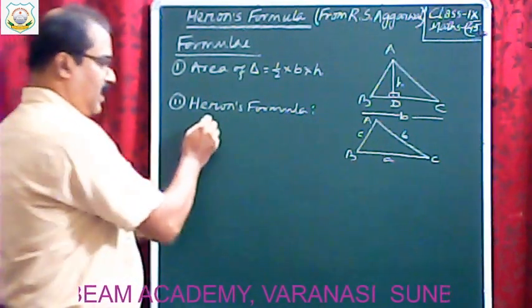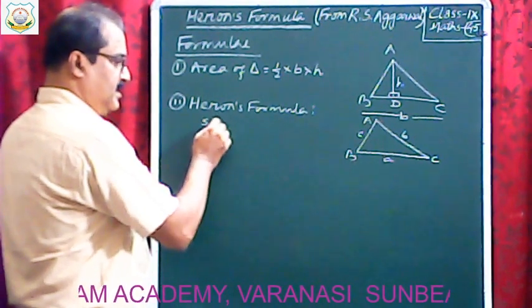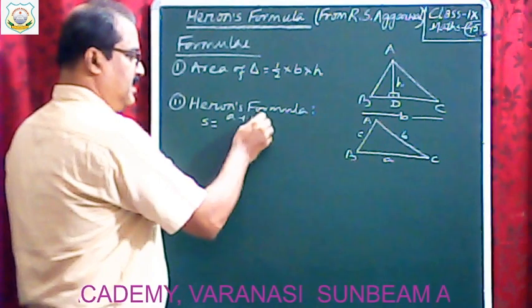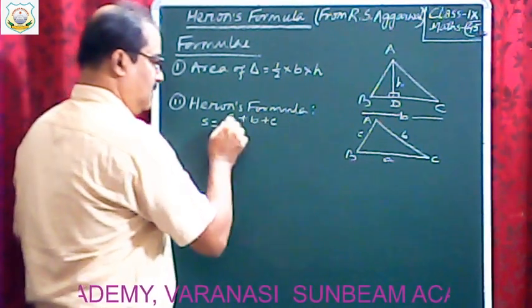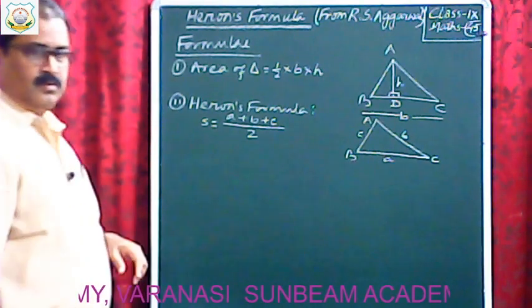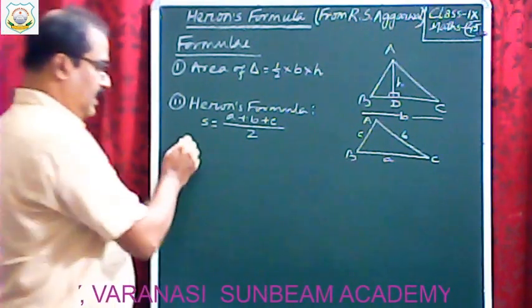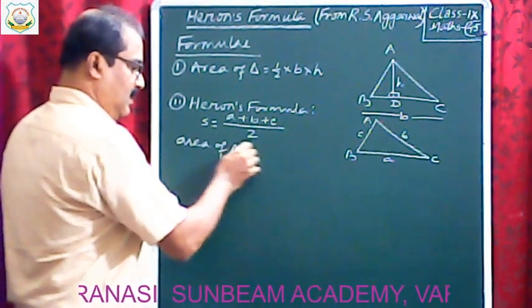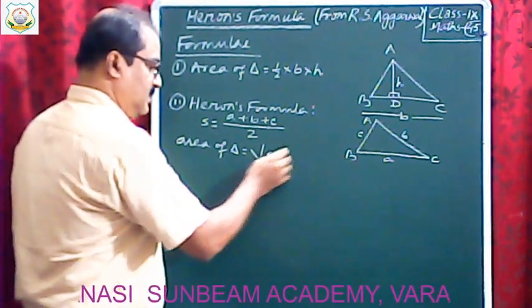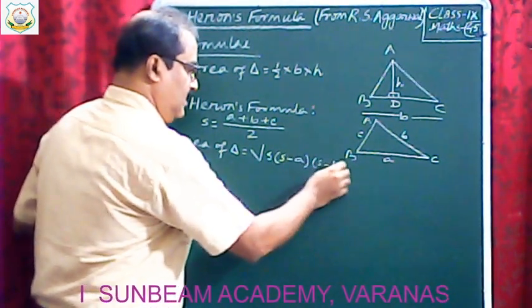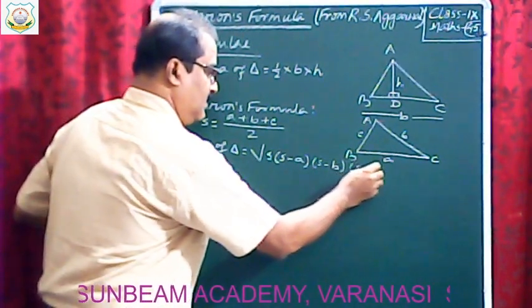For that you have to find S. S means semi-perimeter. Perimeter you know, the sum of all three sides is the perimeter, divided by 2. Semi-perimeter you have to find out. Okay, thereafter area of triangle equal to square root S, S minus a, S minus b, S minus c.